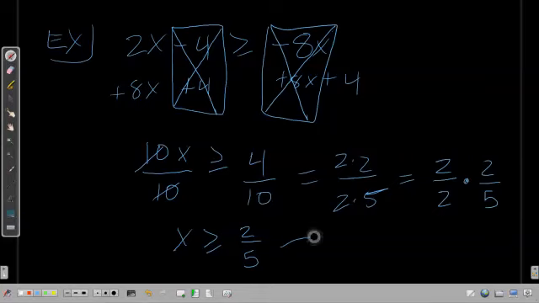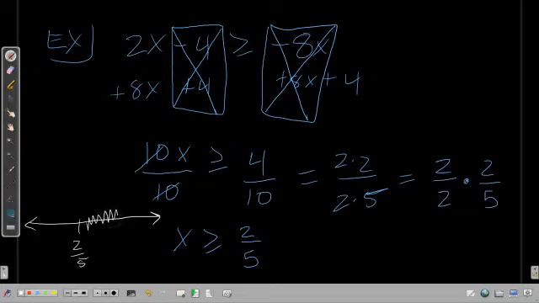I would then draw a picture, because they're going to ask you for a picture. There's my number line. There's 2/5.